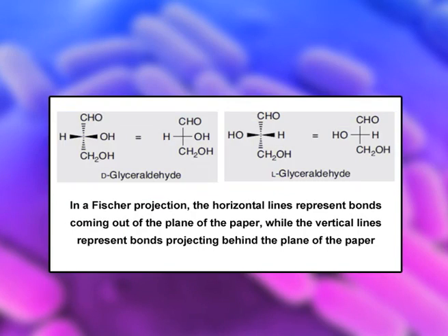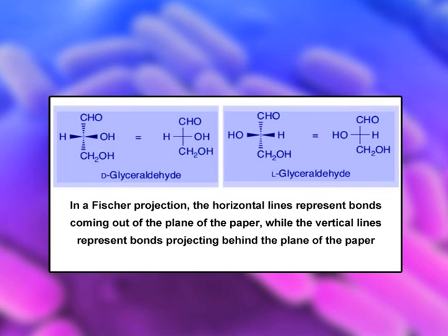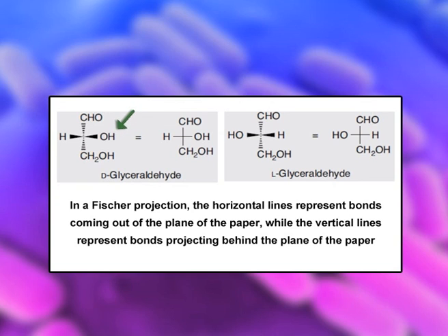So these are the structures of D-glyceraldehyde and L-glyceraldehyde shown in both flying wedge and Fischer projection, where you can see that the OH group is on the right side for the D, and for L the OH group is on the left side. The CH2OH group is at the bottom in all cases, and the carbonyl group, that is the aldehyde group in these cases, is at the top.